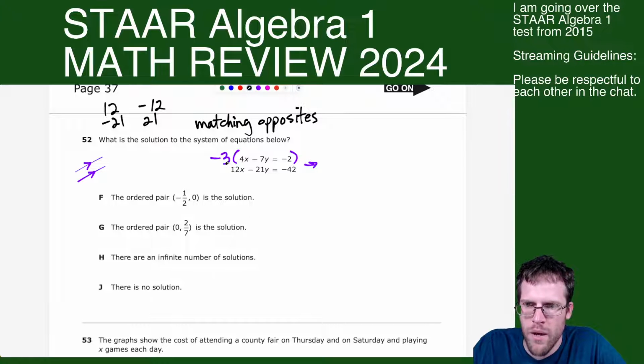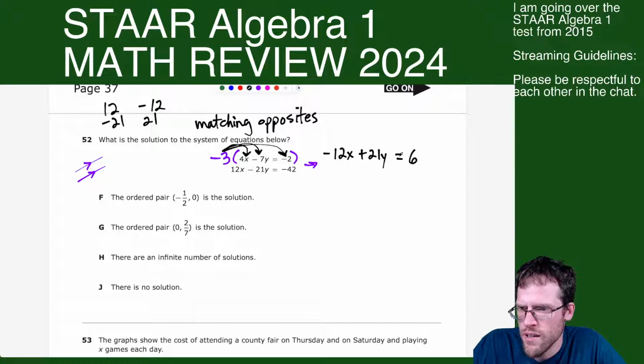That's why I multiply by -3. -3 times 4 is -12, so I get -12x. When I multiply -3 by -7y, I get +21y, equals -3 times -2, which is 6. And then I've got 12x minus 21y equals -42.